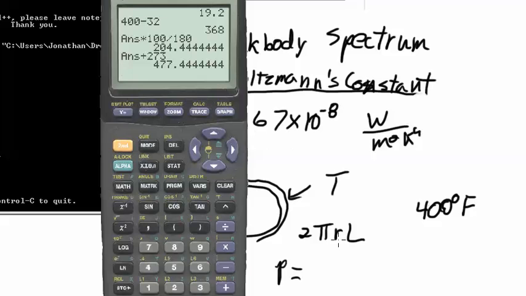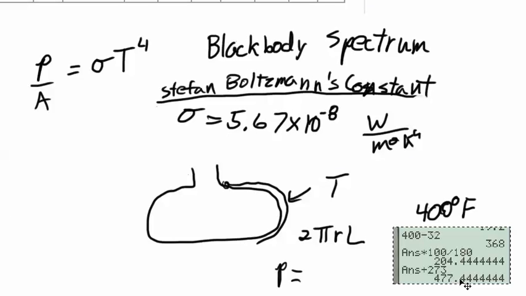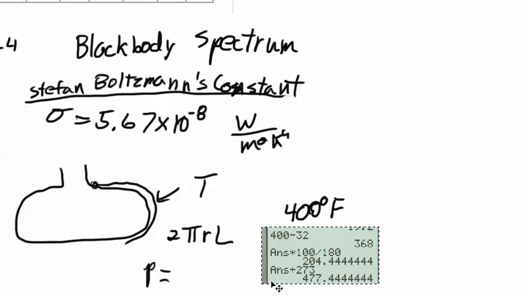So 400 degrees Fahrenheit is about 477 Kelvin. So this probably is producing approximately a temperature of 477.54 degrees. The power that is coming out of it is going to be 2 pi r L times that sigma, 5.67 times 10 to the negative 8, times 477 to the power of 4.